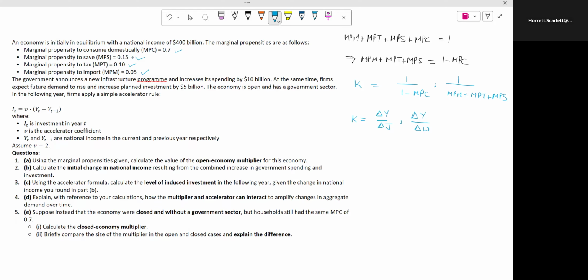Now, key thing to bear in mind here is what is the distinction between an open economy versus a closed economy. Going back to our circular flow, we're saying that an open economy is one that does trade.